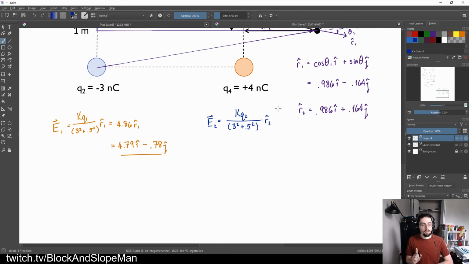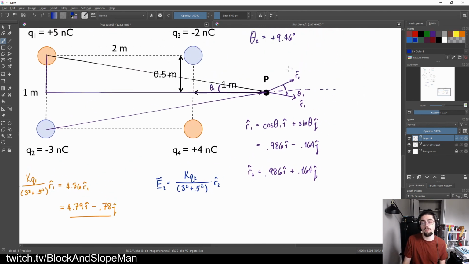Now, here's where it's going to be a little bit different. R2 is already found to be positive in both y and x, but the sign of our charge is negative. So r hat never cares about the sign of the charge, right? R hat is always determined from where the charge is to the point that we're looking at. That's what r hat is telling us. The sign of the charge will tell us whether we need to flip that or not.